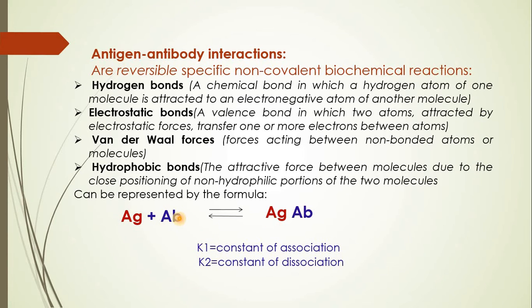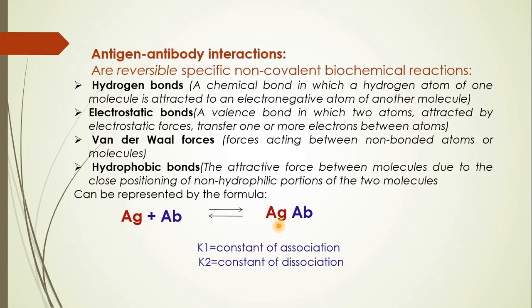Whereas in the backward reaction, if these hydrogen bonds, electrostatic bonds, van der Waals forces or hydrophobic interactions are weakened, that will lead to splitting of the antigen antibody complex, and this is much more dangerous because the purpose will not get solved. What is the main purpose of having antigen antibody interaction?